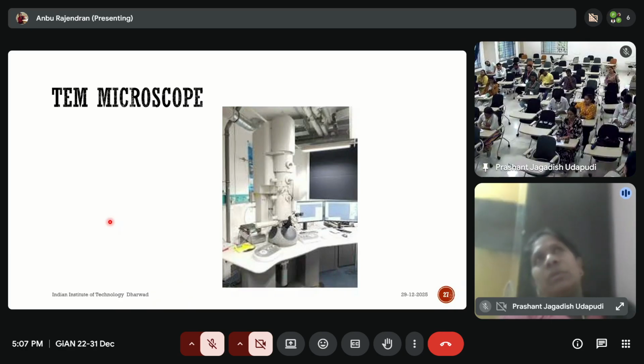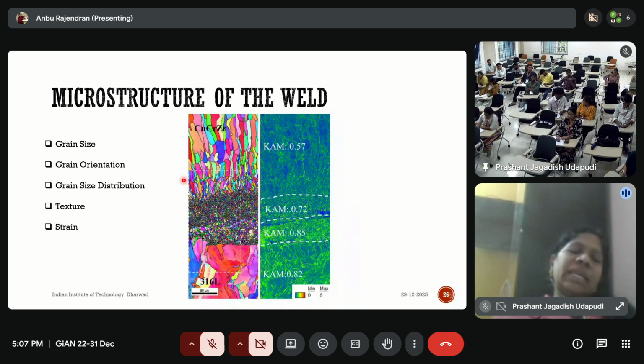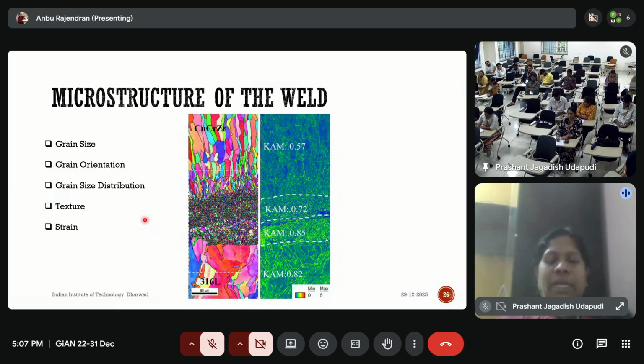Another tool: whatever we have discussed so far, multiple detectors are associated with the SEM machine. The machine is the same, a single machine, and multiple detectors are used. Majorly it covers microstructural analysis, grain size, distribution, particles, precipitates, and composition measurement of those phases.